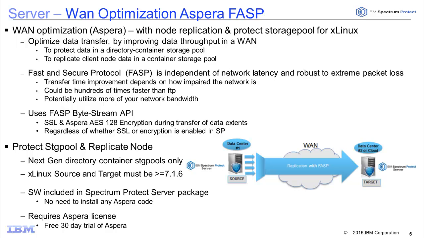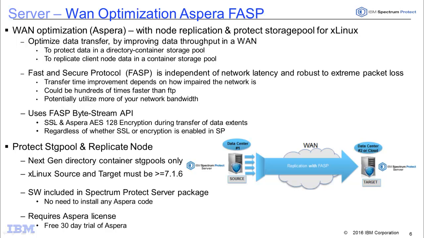What Aspera FASP does is it optimizes the data transfer across a WAN that might have either latency or packet loss issues. The improvement on how much time will be saved by utilizing Aspera FASP depends on how impaired the network actually is. It could be hundreds of times faster than utilizing TCP/IP.